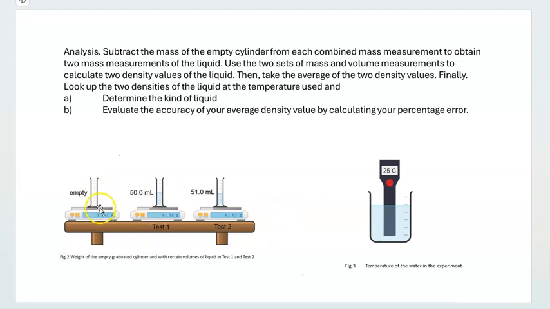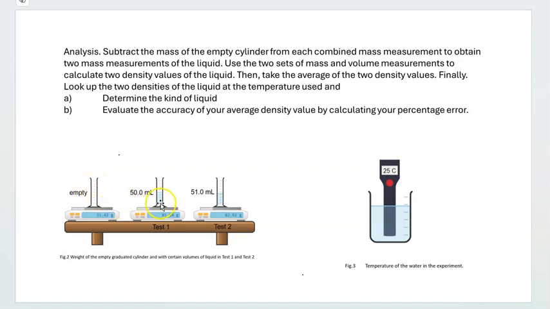As you can see, you have here the weight of the empty graduated cylinder. Here you have trial 1 and trial 2, where you have the volume in each graduated cylinder and you have the corresponding mass. What is important in this case? That this mass represents the mass of the water and the mass of the empty graduated cylinder.